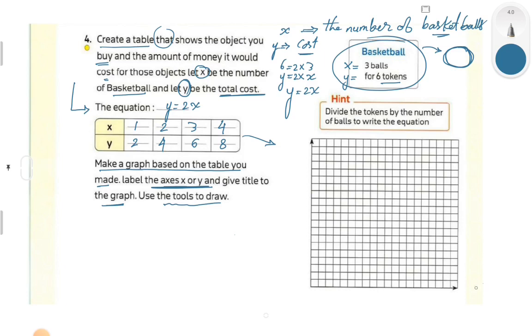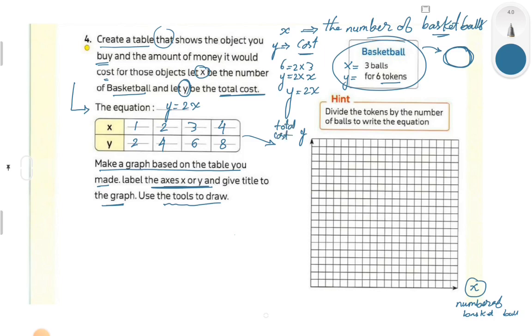I have the x-axis here and the y-axis here. X is the number of basketballs, so I write here number of basketballs. Y is the total cost.